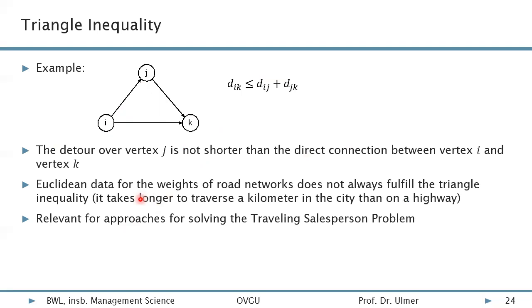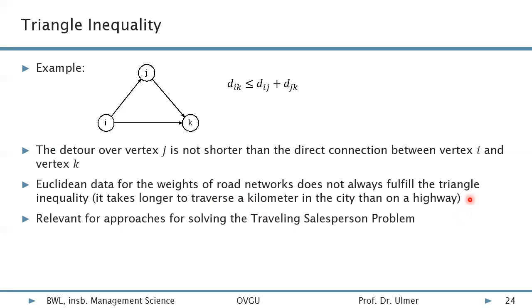In road networks, it does not work all the time, because if you look at travel time, it's usually better to go on the highway first, travel the highway, and then go back, instead of traveling a rural road between two cities. It takes longer to traverse a kilometer in the city than on a highway.